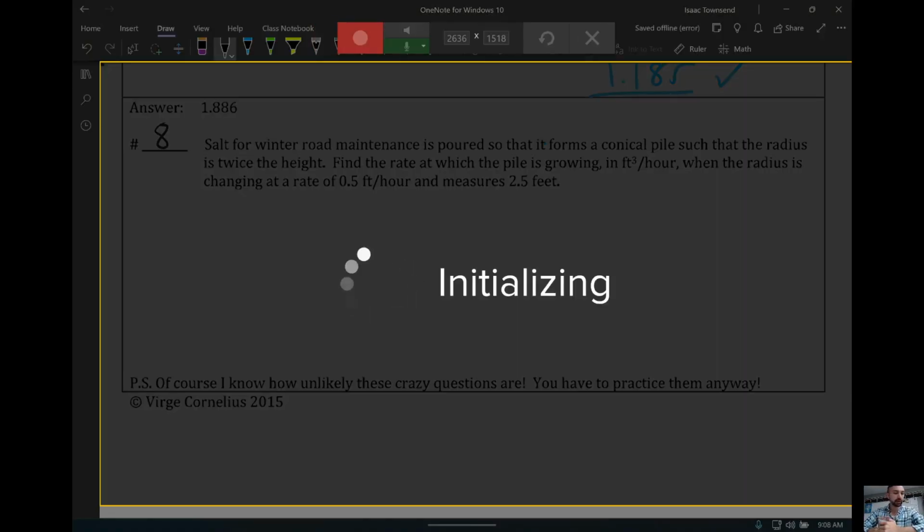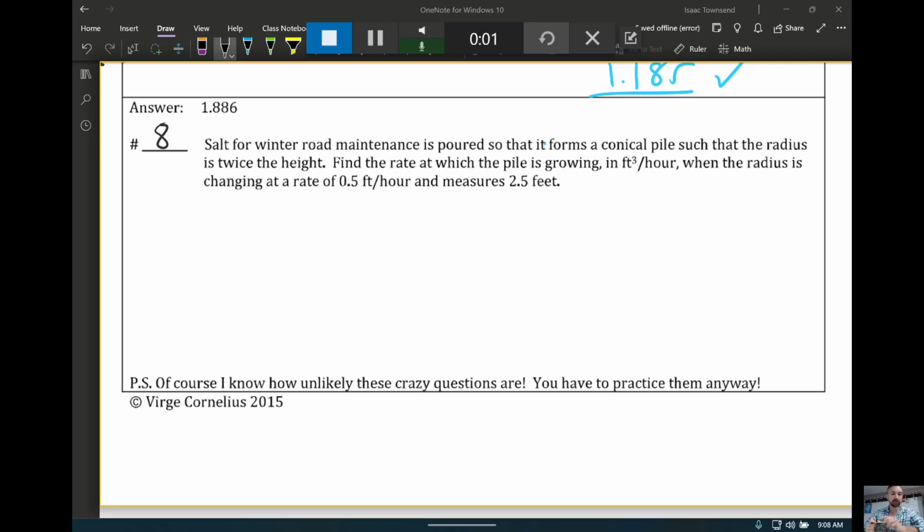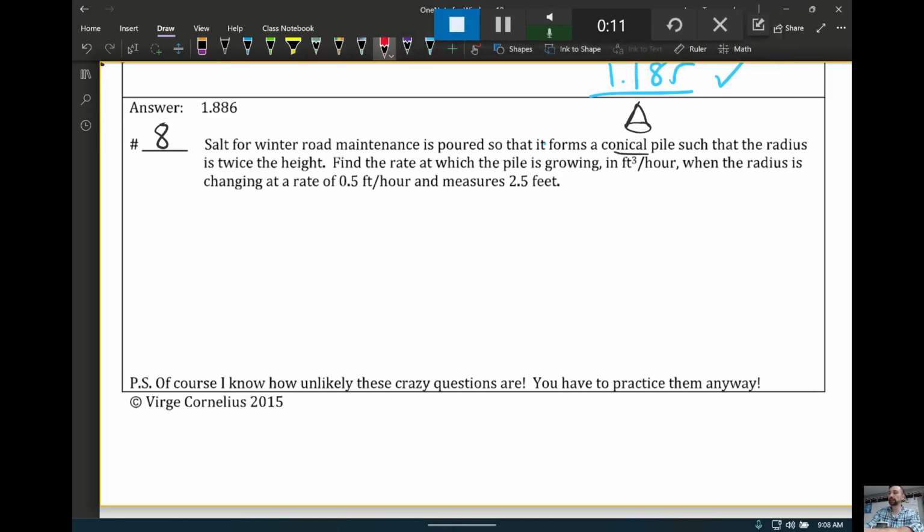Okay, salt for winter road maintenance is poured so that it forms a conical pile. That's fancy math speak for a cone. Such that the radius is twice the height. Radius is 2 times h. Find the rate at which the pile is growing in feet cubed per hour.